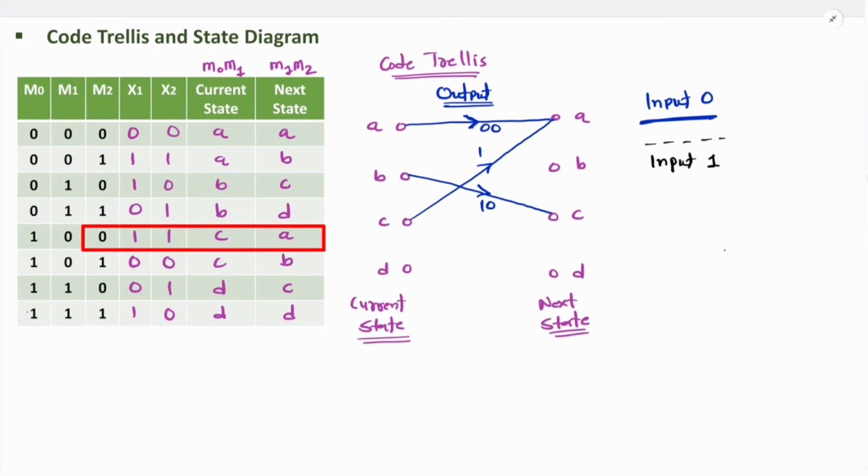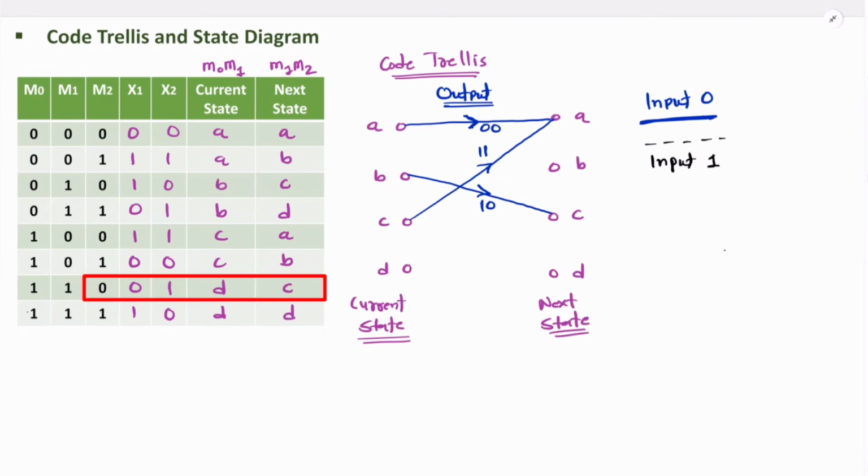So let me note down 1 1. Now with current state D, input 0, next state C. Current state D, input 0, solid line, next state C. Right. And here, what is output? Output is 0 1. Right. So let me note down 0 1.